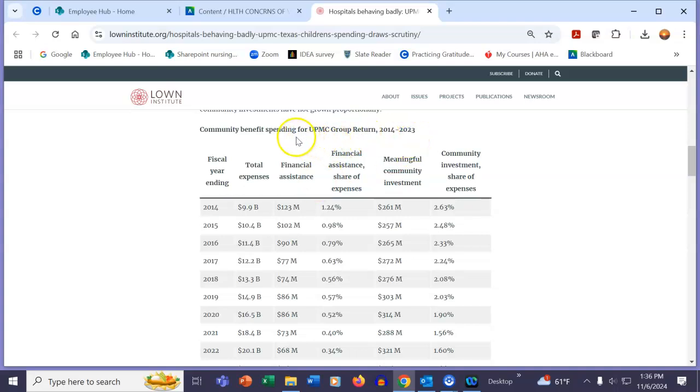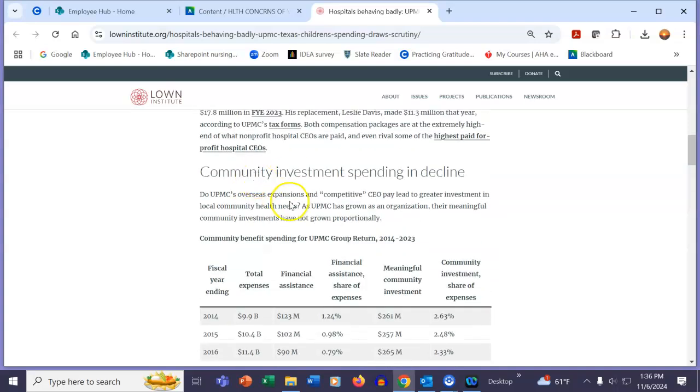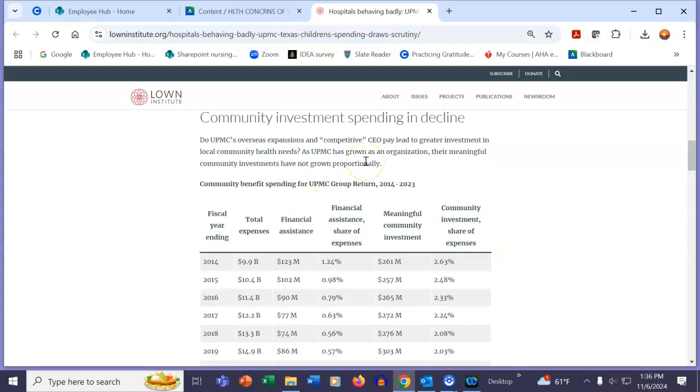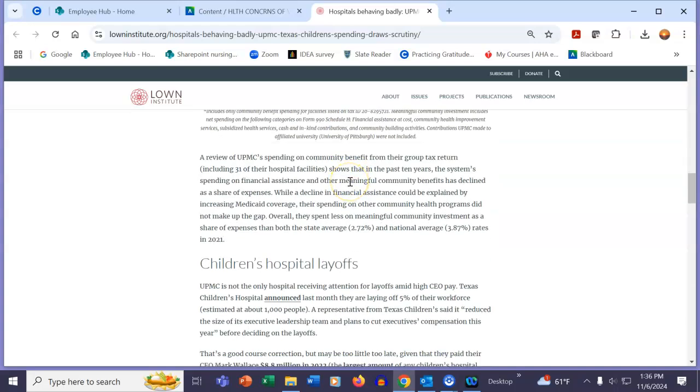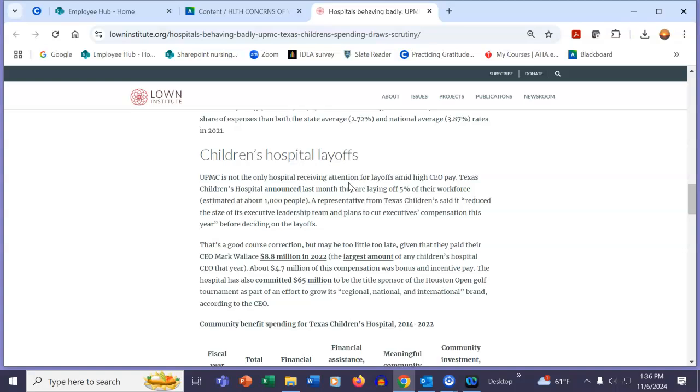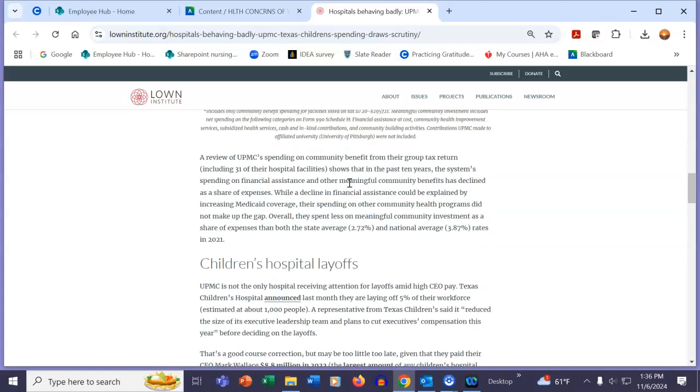It talks about the community benefit spending. Even though there's more money coming in as they've grown as an organization, their meaningful community investments have not grown proportionally. So I'll look at that. And there were layoffs only a couple months ago of nurses.